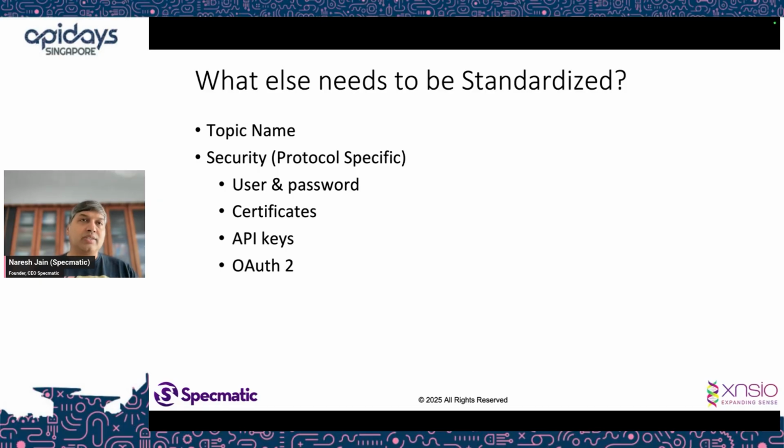So you could have access to a topic, but within that, based on your subscription, you could get access to specific messages only, right? So there are implementation details in the security aspects that are different, and those are protocol specific. Those also need to be communicated so that your subscribers know what to expect, right? And many more.